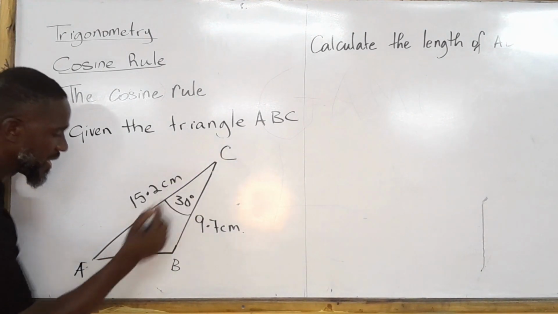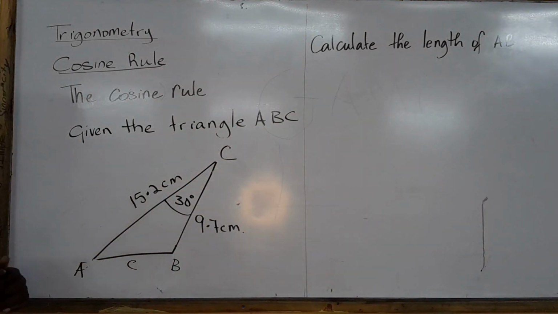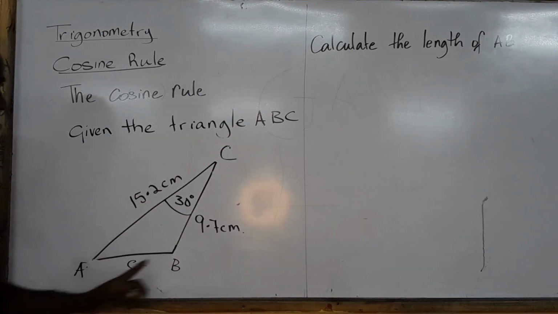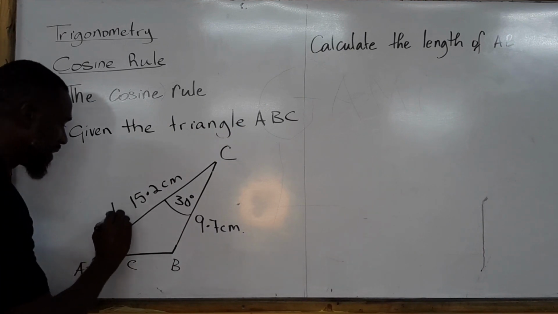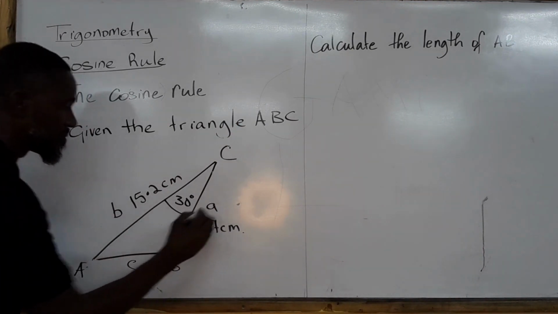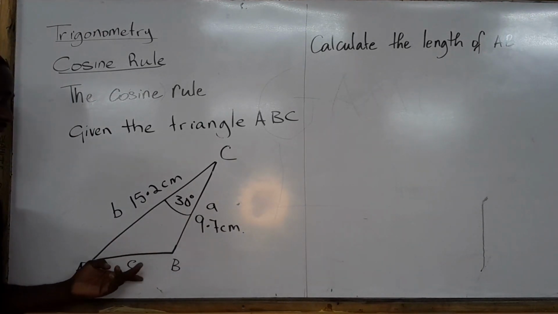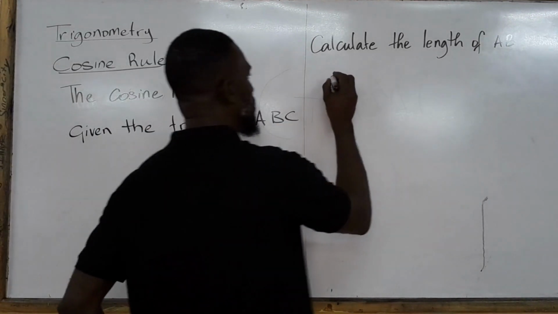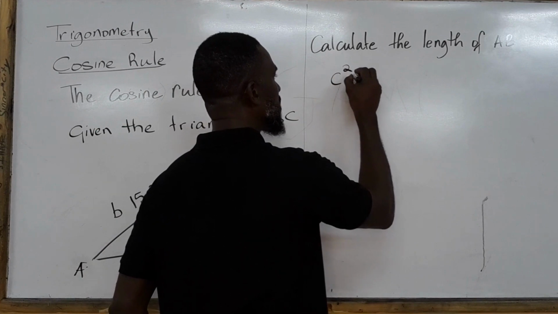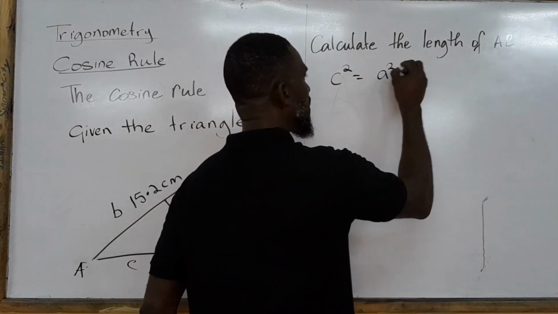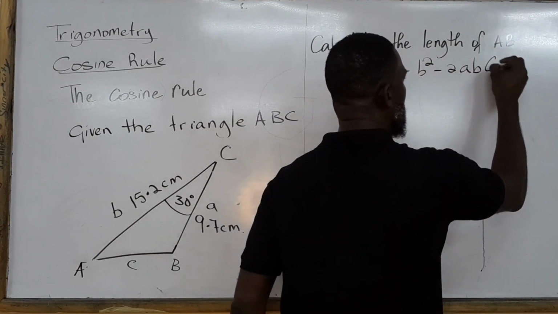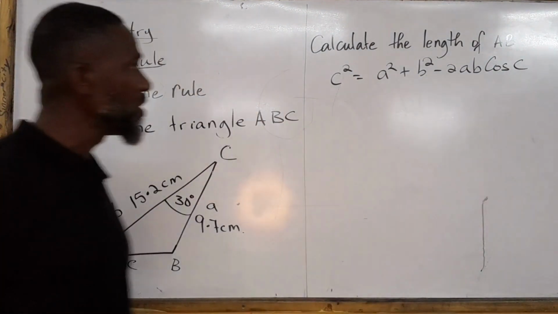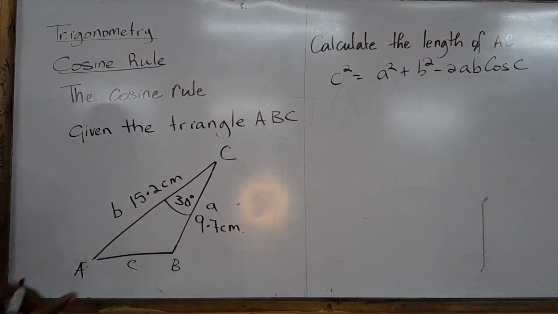If this is angle C, this is side C. So in essence, AB is actually side C, this side is side B, and this side is side A. So applying the cosine rule, we are to find the length of C. It says that C squared is equal to A squared plus B squared minus 2AB cos of C. So that's how we apply the cosine rule.